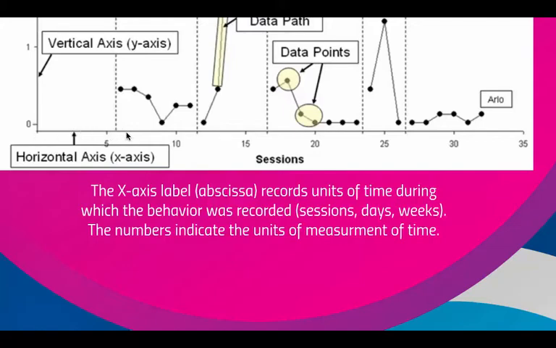But this axis, the x-axis, records units of time during which behavior is recorded. So it could be sessions, it could be days, it could be a day, it could be a week, for example. So the x-axis will be reserved for that. You're looking at sessions, you're looking at days, you're looking at weeks. And the numbers on this axis indicate the units of measure of time.